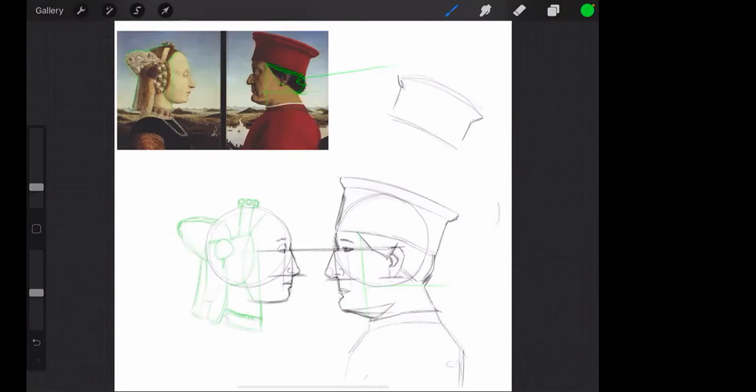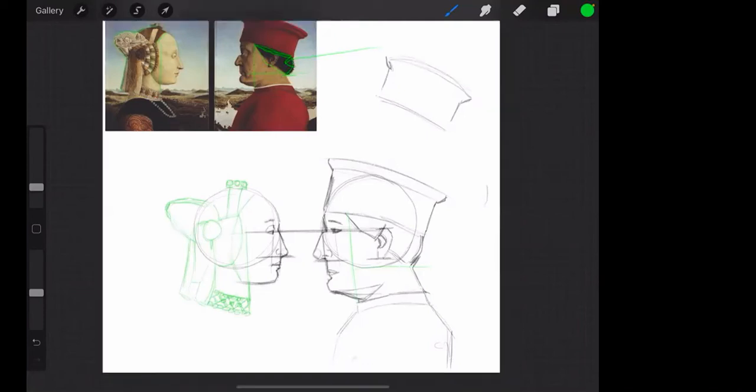I see some diamond shape and some circles. And when you draw the necklace, you can draw the line first like that.